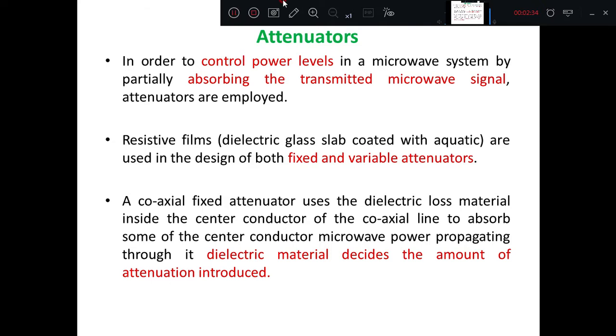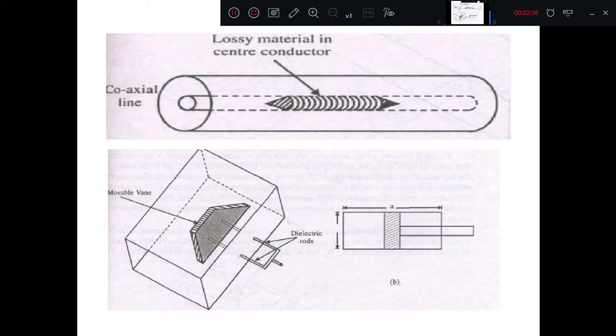Here you can see the coaxial line, and inside there is a lossy material in the center conductor, which is basically a dielectric material. Whenever the microwave signal is transmitted through the coaxial line, a partial amount of power gets absorbed by the dielectric material placed at the center conductor.